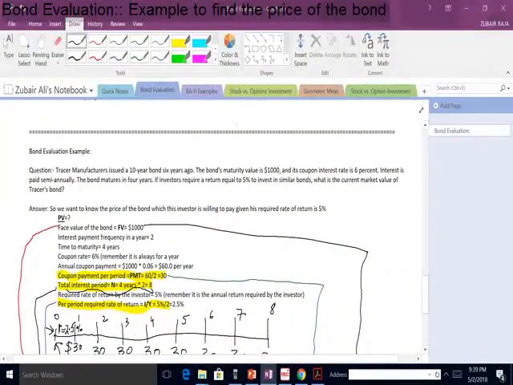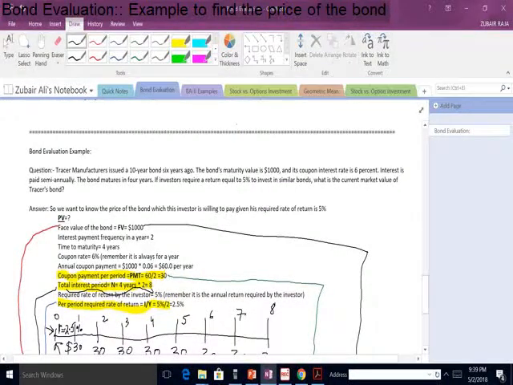Remember, this bond is paying the coupon rate of 6%. So when the bond was issued, the interest rate in the economy might have been 6%. That is the reason a 6% coupon rate was there when this bond was issued.